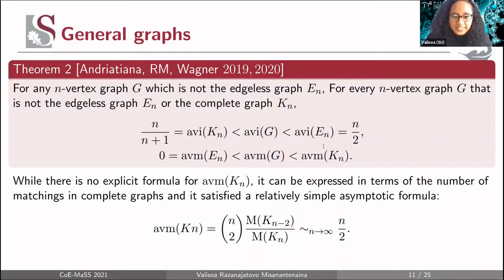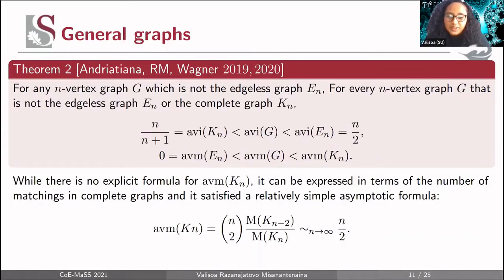So as you can see here, we have an explicit formula for the average size of an independent set of a complete graph. We have an explicit formula for the average size of the empty graph. We have an explicit formula for the average size of matchings of the empty graph, but we don't have the average size of matchings of a complete graph.